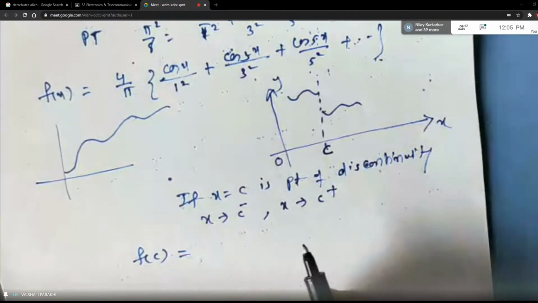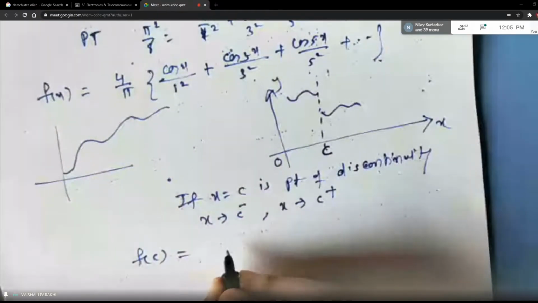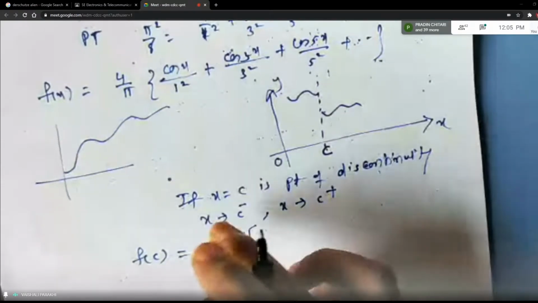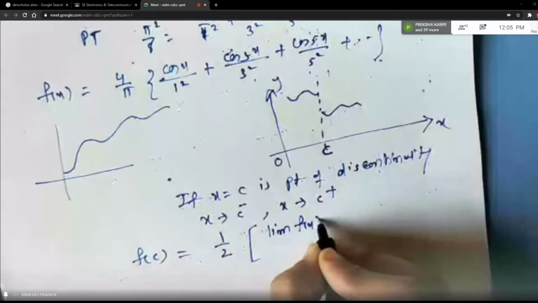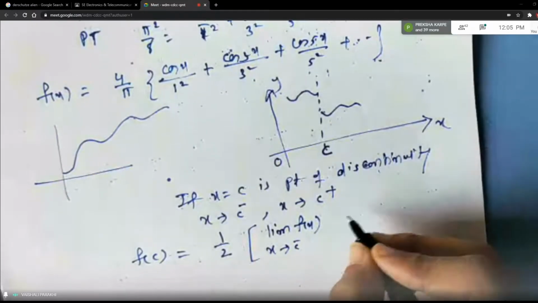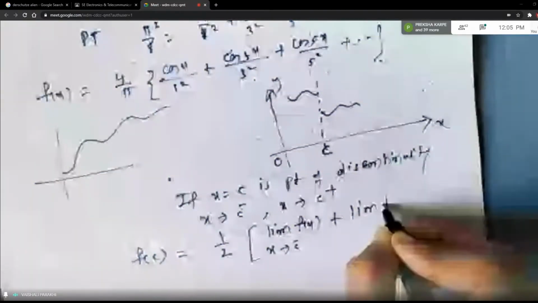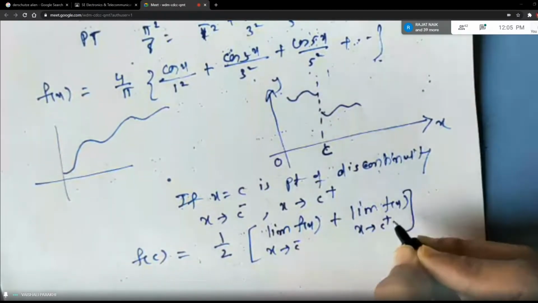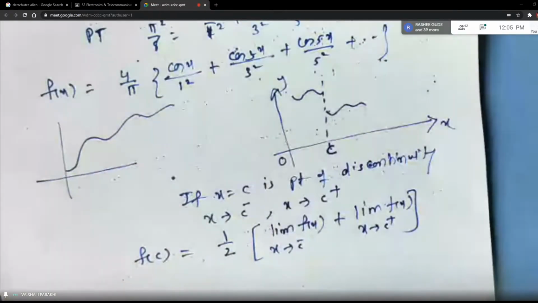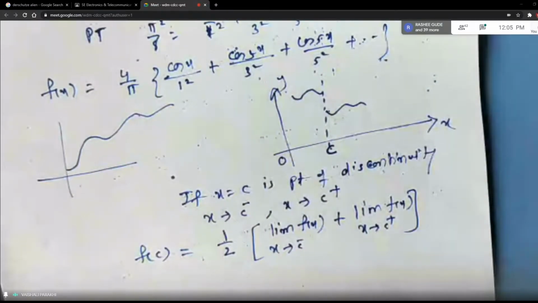The Fourier series gives the value of the function as the average of the limits of the function at x equal to c minus and x equal to c plus. See students, don't get confused. You need not do this in every problem.